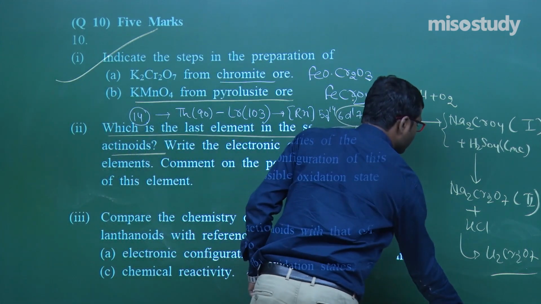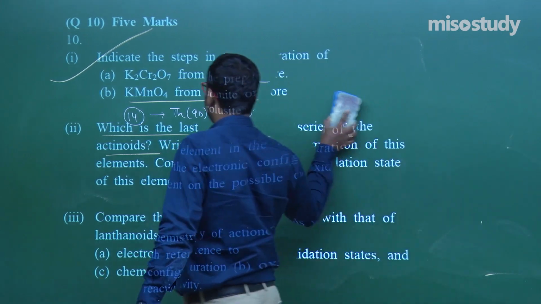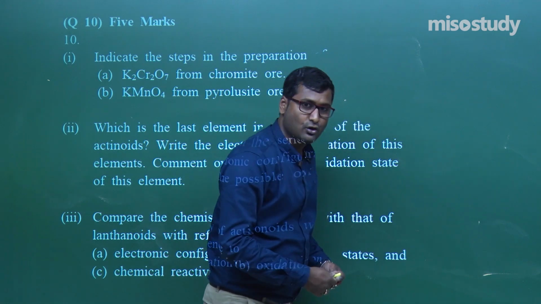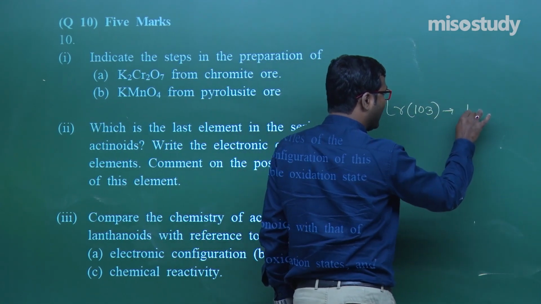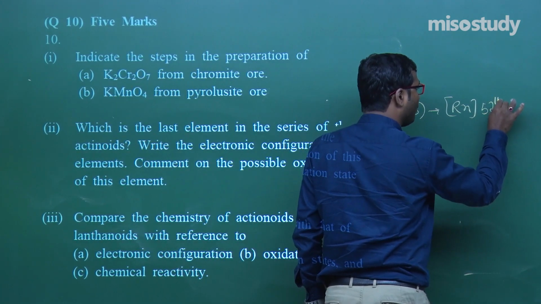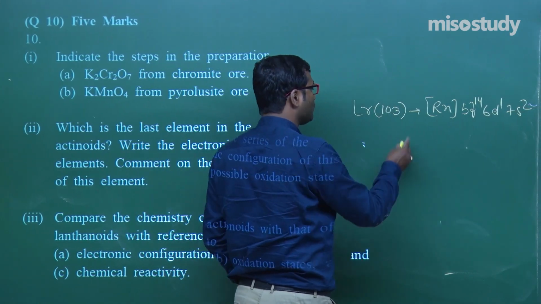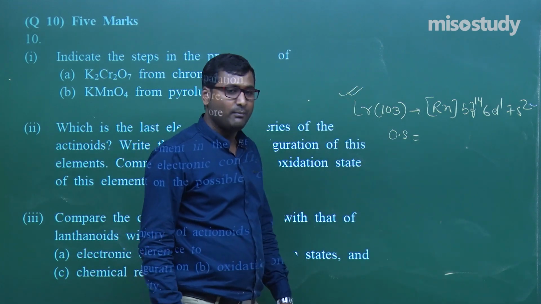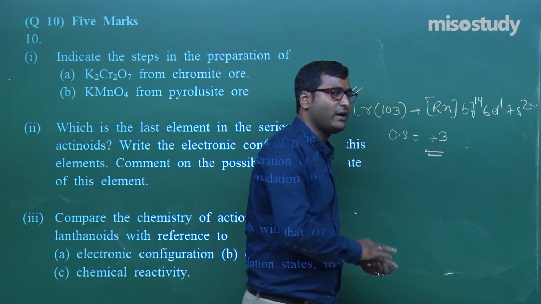Comment on the possible oxidation states. As I told you during my lecture, they generally show the oxidation state +3. So the last element, again I am repeating, lawrencium 103, Rn atomic number 86, will be 5f14, 6d1 and 7s2. They do not show variable oxidation states. Why? Unlike transition metals, they have a fixed oxidation state, the common one being +3, and it can show +2, very uncommon.